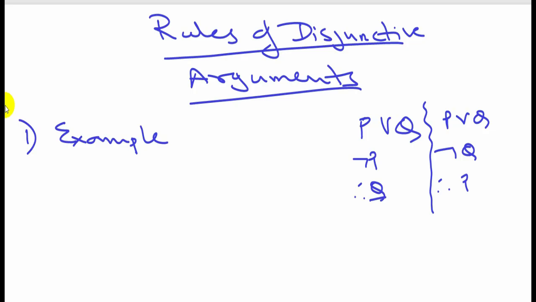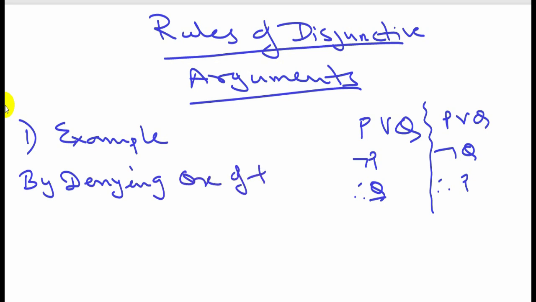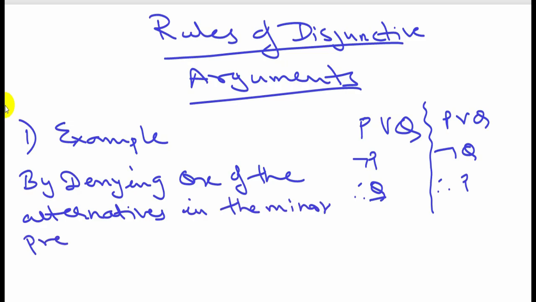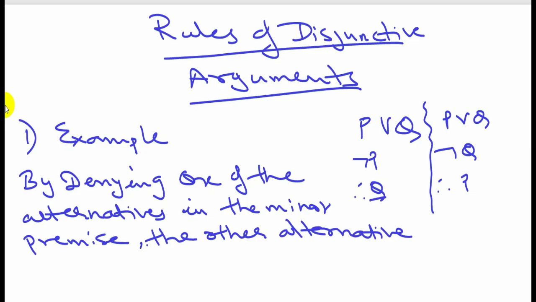The first rule is: by denying one of the alternatives in the minor premise, the other alternative can be affirmed in the conclusion.